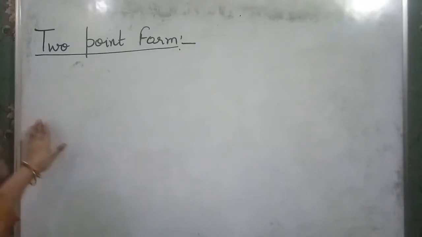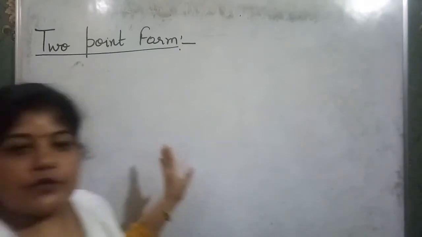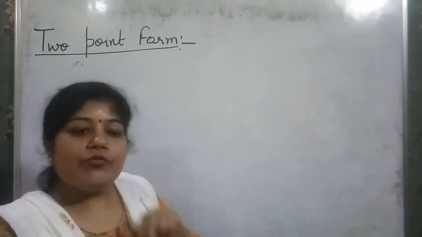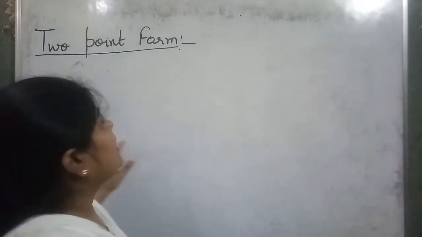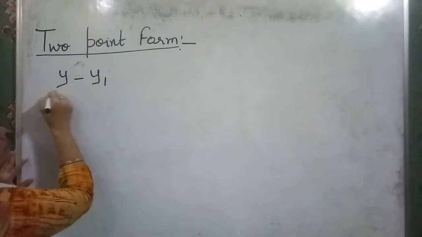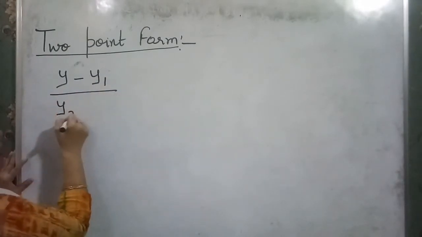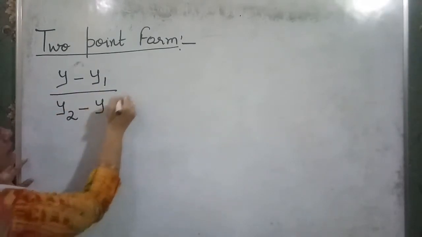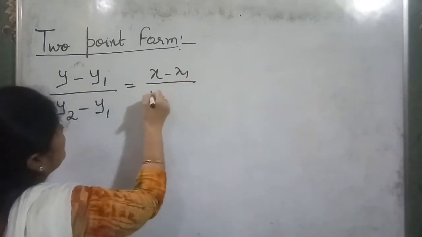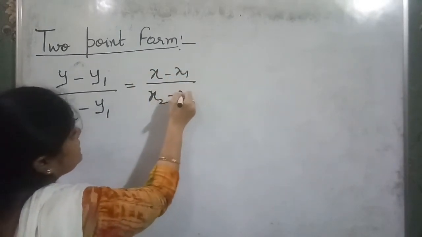Now the third method by which we can find the equation of a line is the two-point form. That means it is obvious that 2 points are given to us. For that the equation of the line is y minus y1 over y2 minus y1 is equal to x minus x1 over x2 minus x1.